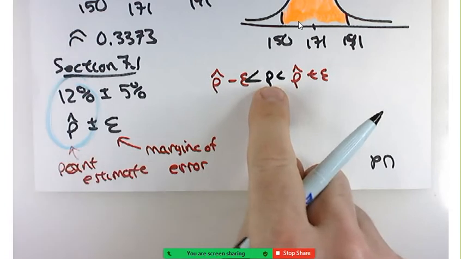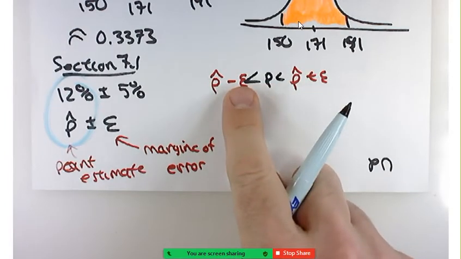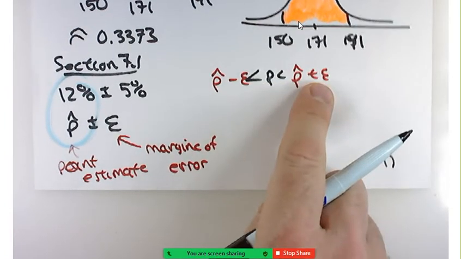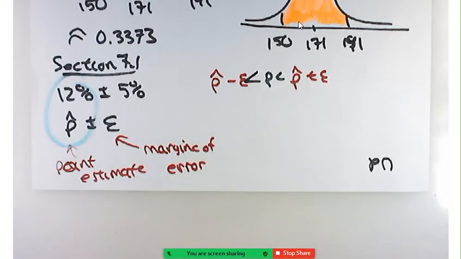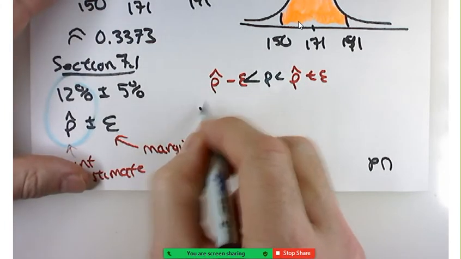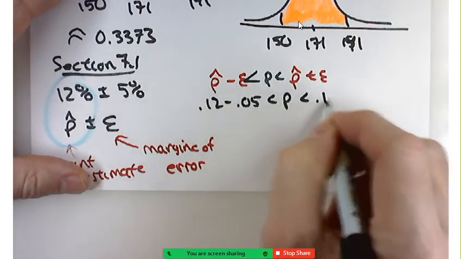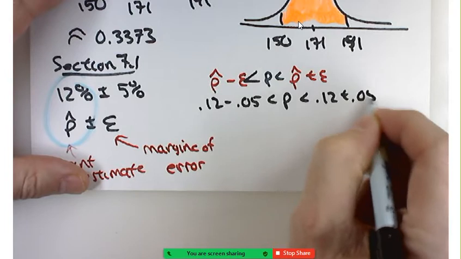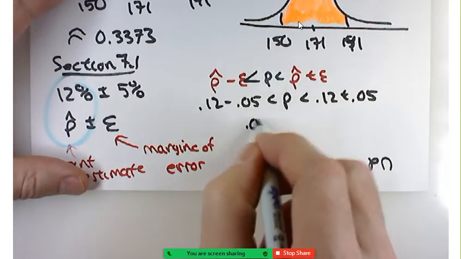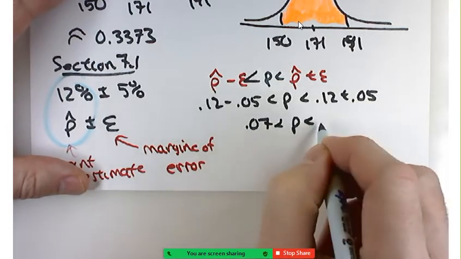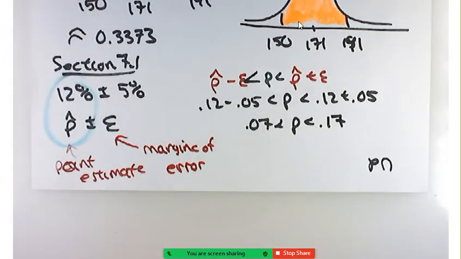The true value, p, is probably somewhere between p hat minus E and p hat plus E. In other words, this is our confidence interval. So that'd be 0.12 minus 5%, 0.12 plus 5%. So that gives me 0.07 is less than p is less than 0.17. So somewhere between 7 and 17%, that's where we think that the true population parameter lies. And that's your confidence interval.